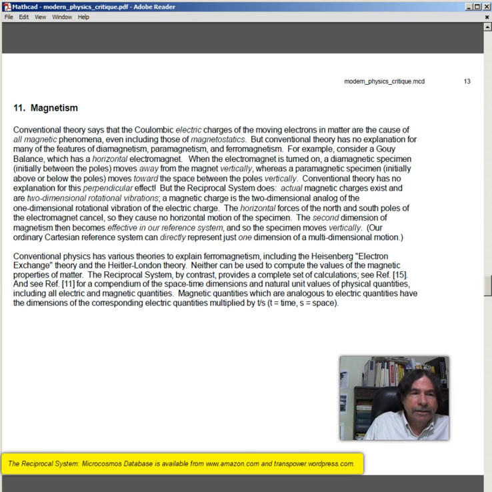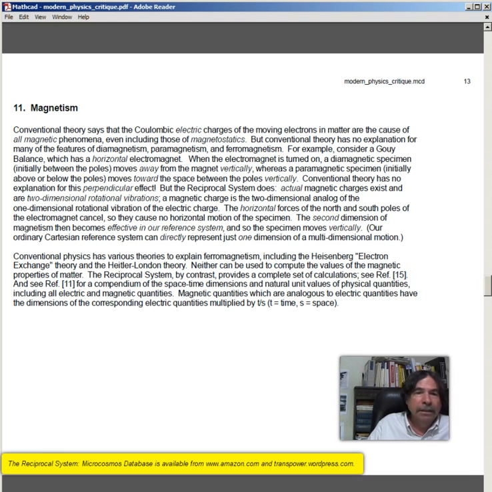Number 11, magnetism. Conventional theory says that the Coulombic electric charges of the moving electrons in matter are the cause of all magnetic phenomena, even including those of magnetostatics. But conventional theory has no explanation for many of the features of diamagnetism, paramagnetism, and ferromagnetism.